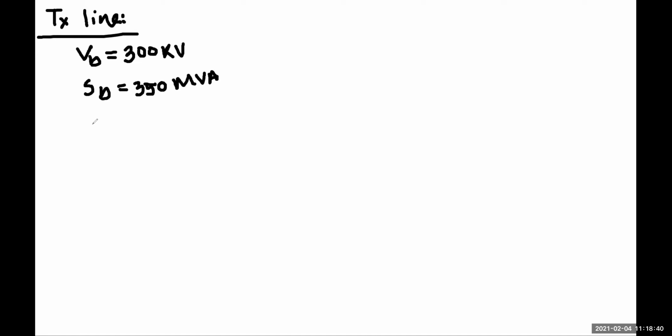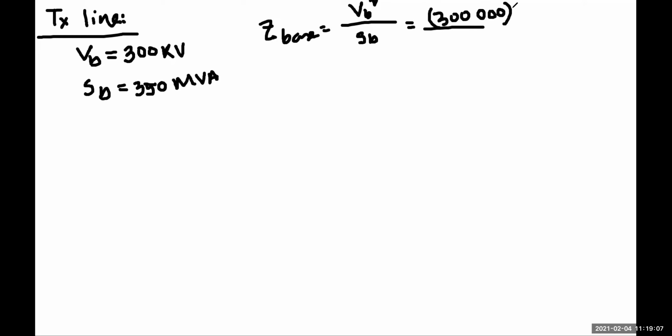What is the formula for Z base? Sir, Z base is equal to V base squared divided by S base, right? Yes. So what is your V base? V base is 300 kV, remember it is in kV. So you have 300 whole square divided by S base. S base means 350 MVA. MVA means 6 zeros.